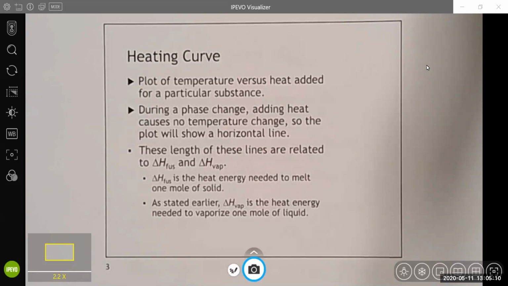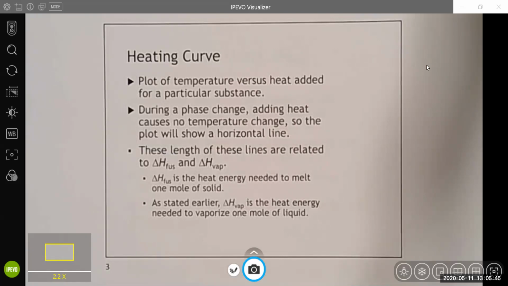You have a thermometer in there and you watch the temperature go up. Once it reaches the boiling point, it's undergoing a phase change, in that case from the liquid to the gas, and the temperature stops increasing. It sits there at approximately 100 degrees Celsius, depending on the pressure, as the water boils away. So during a phase change, there is no change in temperature.